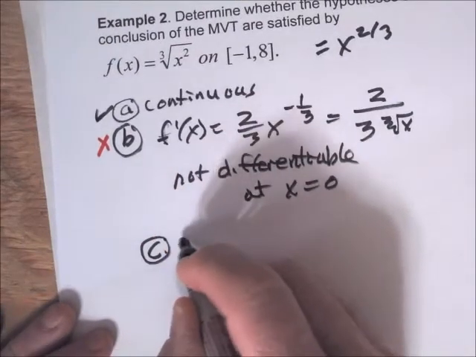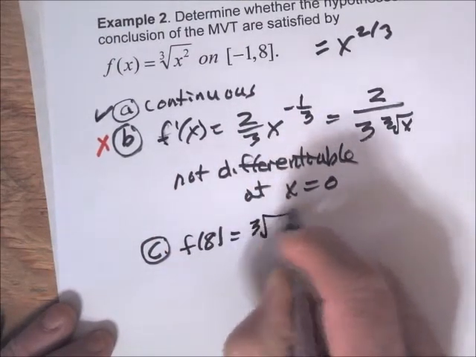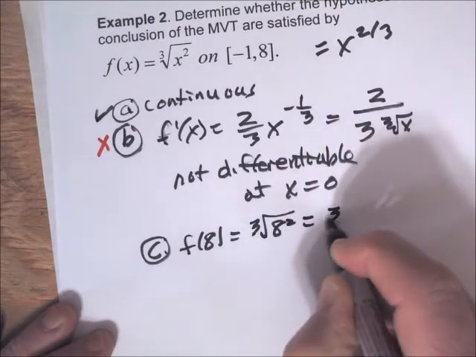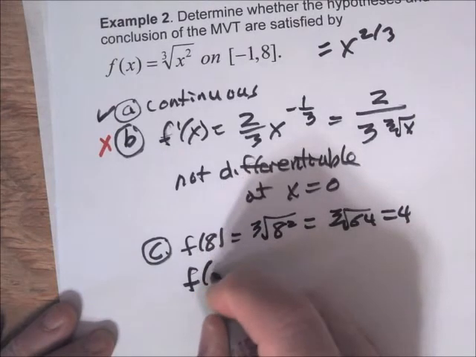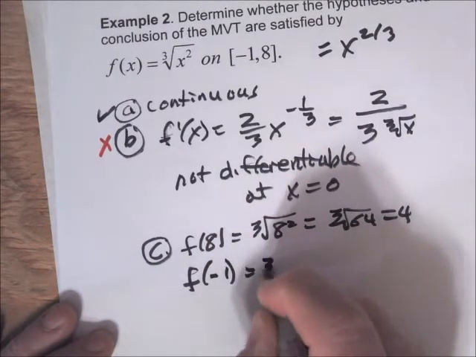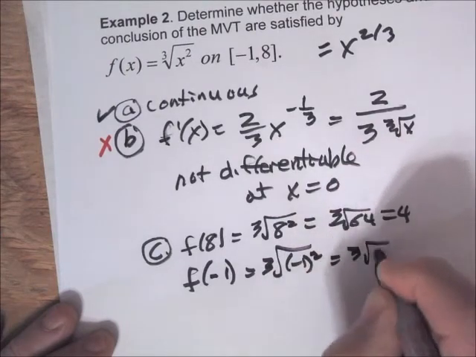So f of 8 is the cube root of 8 squared. Cube root of 64 is 4. F of -1, cube root of -1 squared, cube root of 1, which is 1.